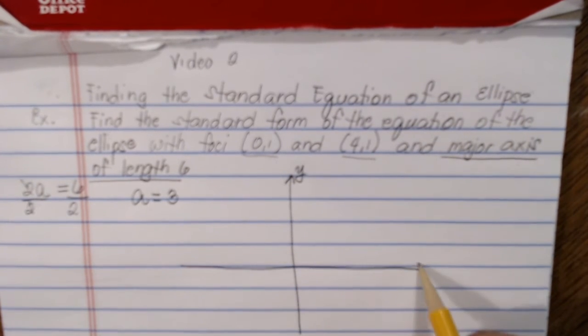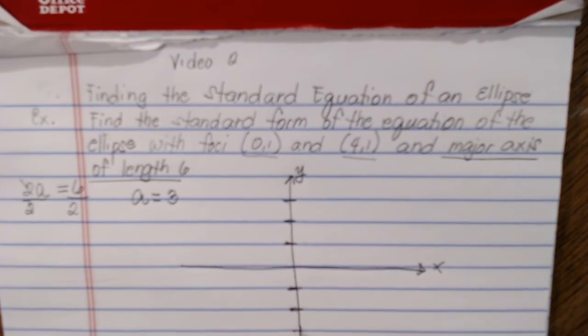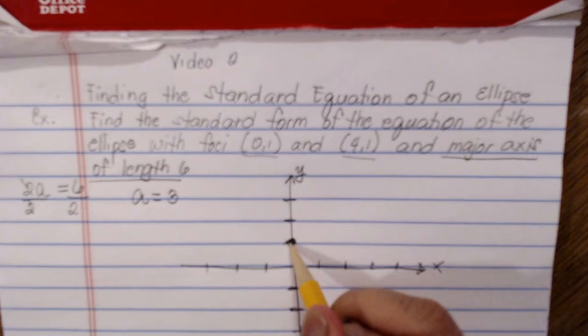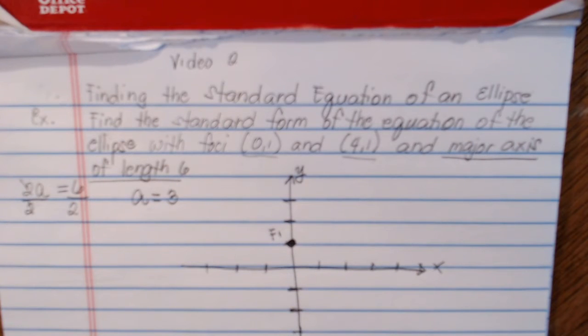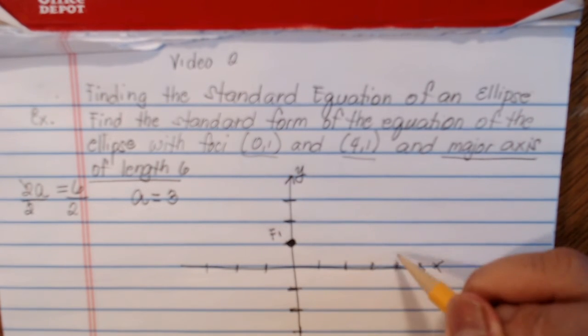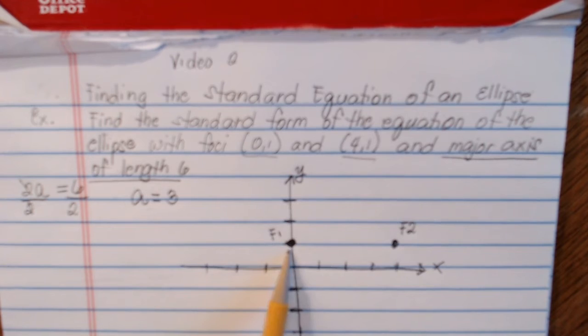This is your Y, this is your X. (0, 1) is this point, and I call this F1, and (4, 1) is right here, and this is F2. Focus number 1 and focus number 2.